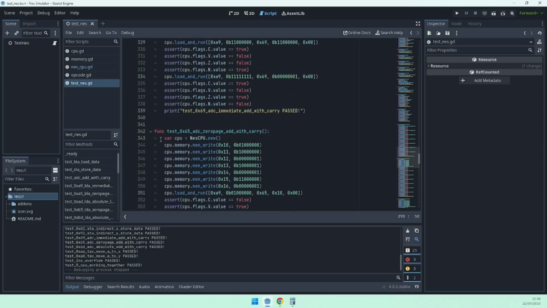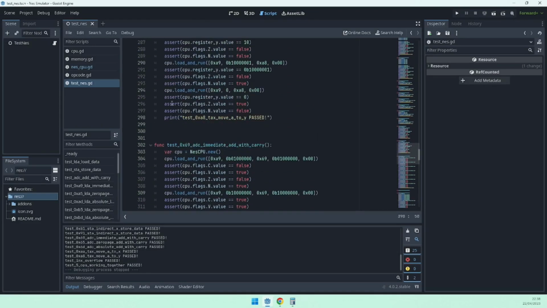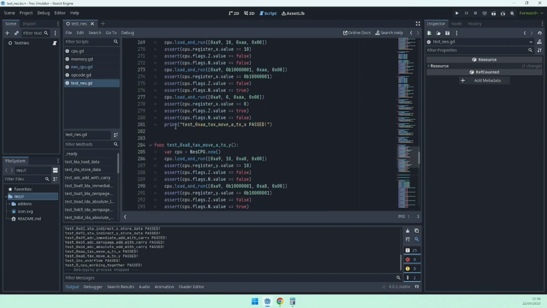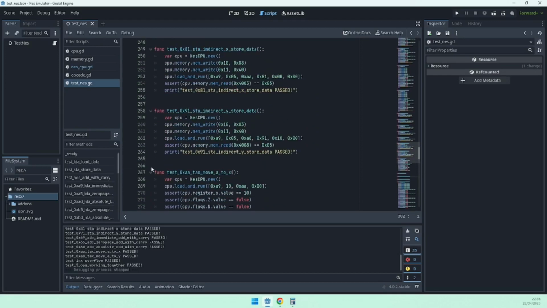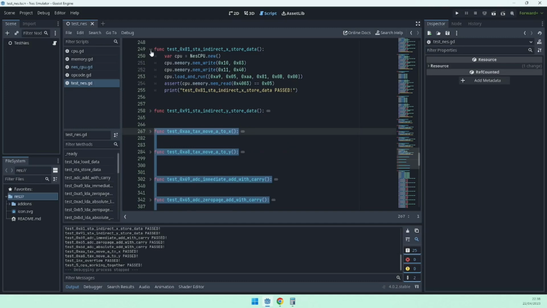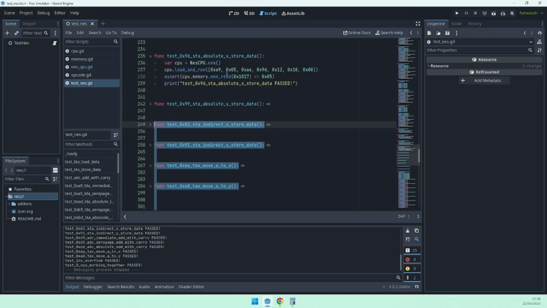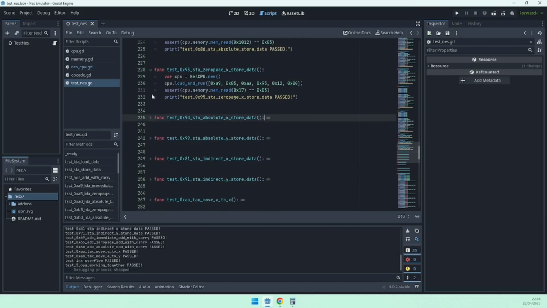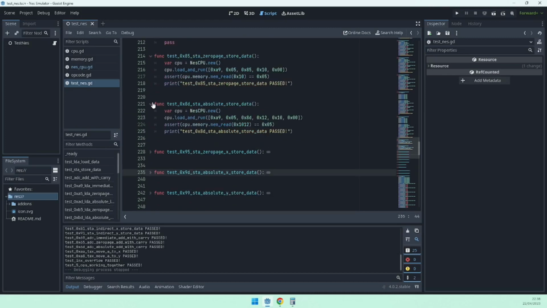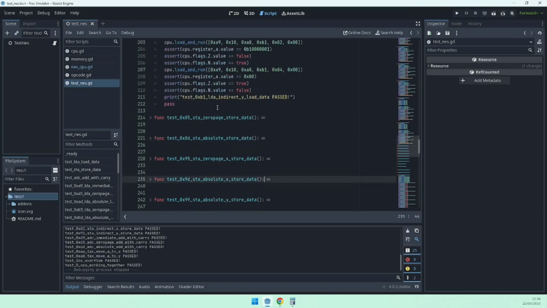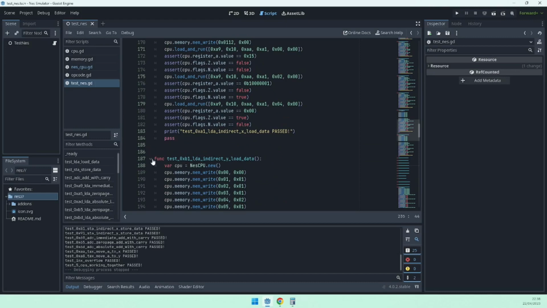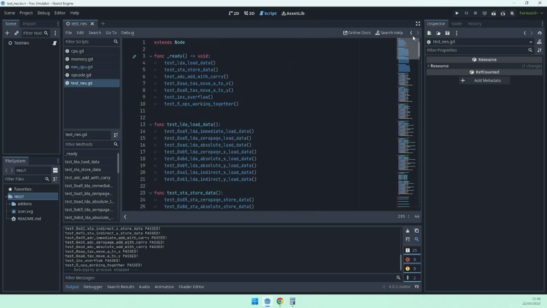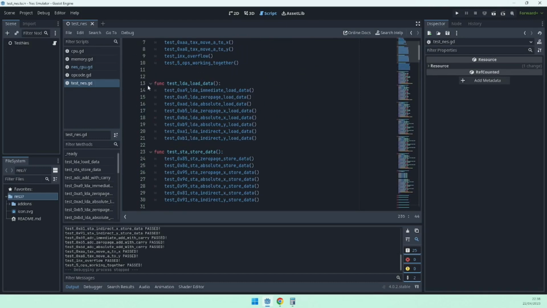I will start collecting stuff. Let's go from the top to the bottom.